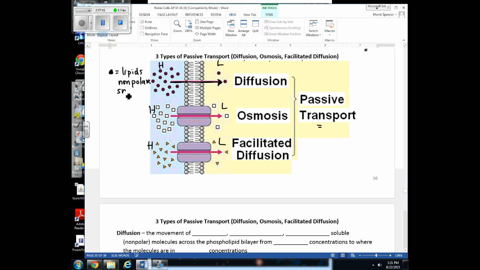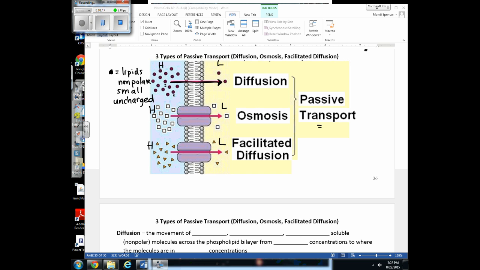These molecules are often small and they're uncharged. So this dot could be a lipid like testosterone, which was a lipid hormone, or this dot could be oxygen or CO2. Each of those molecules has the ability to interact with these nonpolar tails and cross through the membrane.